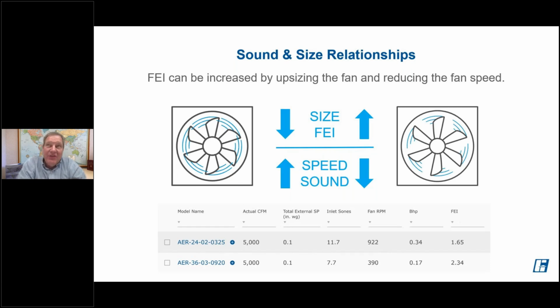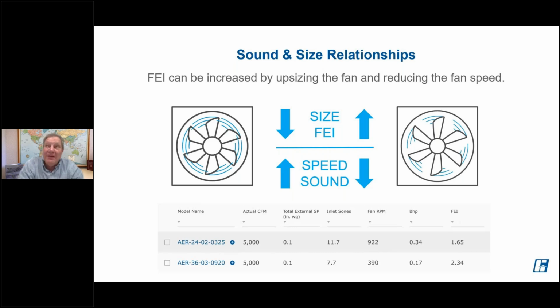You'd have to run an estimate on your drive and motor losses. I believe AMCA has an FEI calculator on their website. So I'm trying to think of how to do this. You'd have to find the original performance data, so you've got brake horsepower off the original performance data.